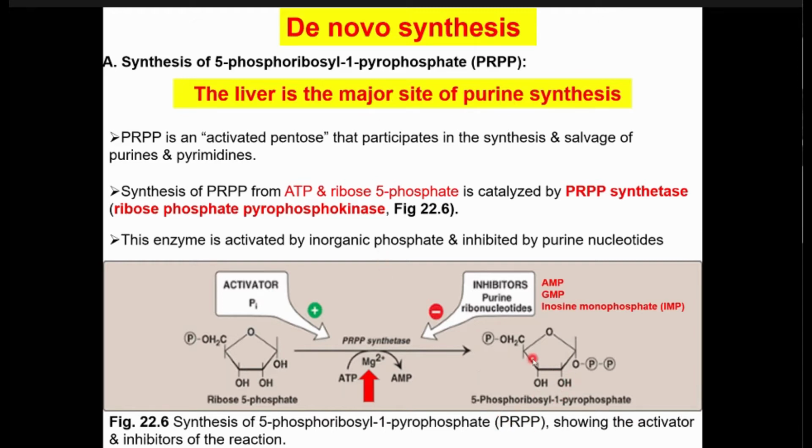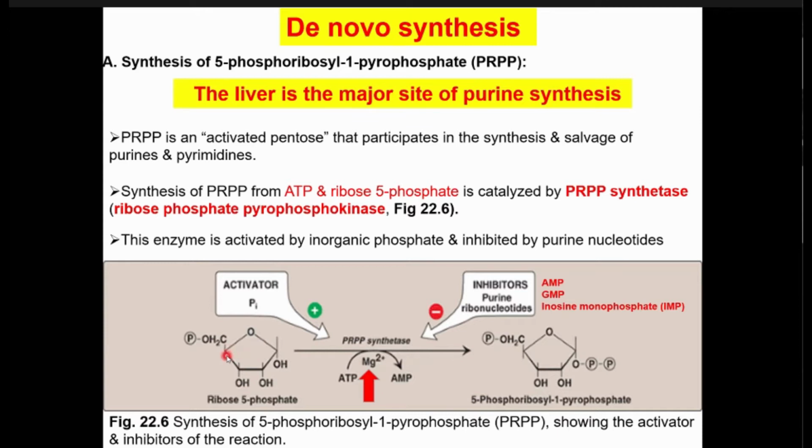How it's synthesized, again, this has already been done before. If you have a ribose 5-phosphate, what you do is take 2 phosphates from the ATP plus magnesium, and you put them on the ribose 5-phosphate.